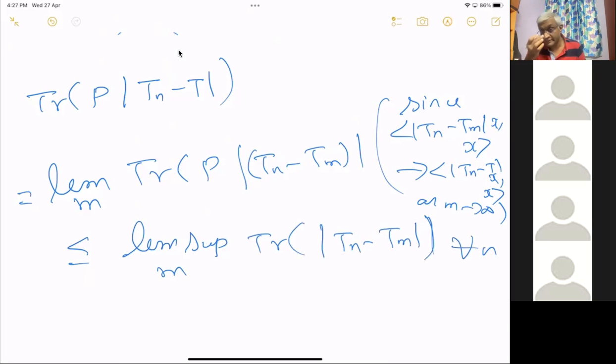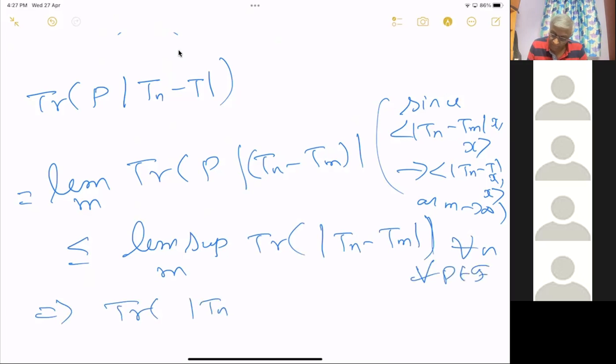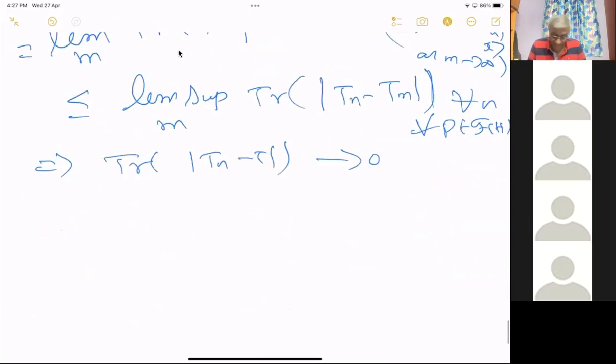This is true for all n and for all P. So if you take an infinite series, then for any finitely many of them, it is smaller than that. Because of that, the trace norm of Tn minus T is less than or equal to this, which goes to 0. That will actually imply, it's an exercise, that T is in B1(H).